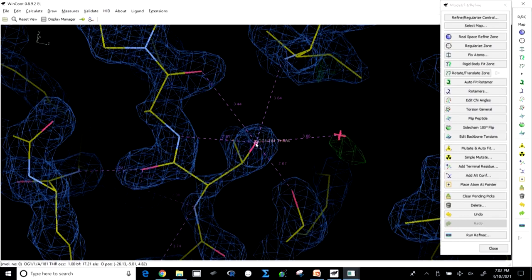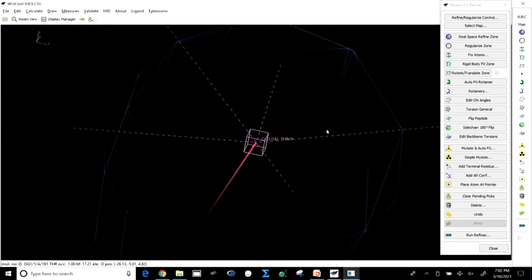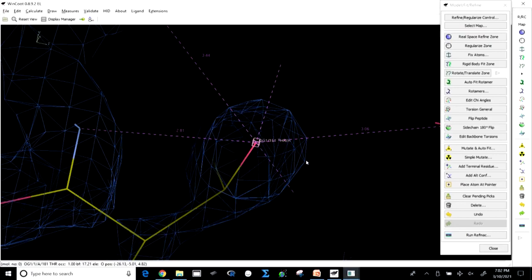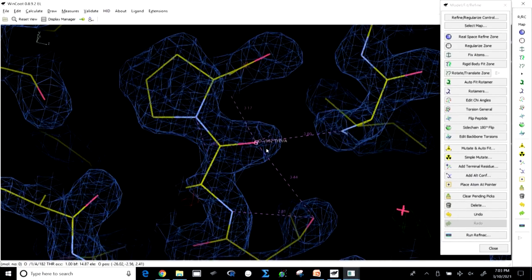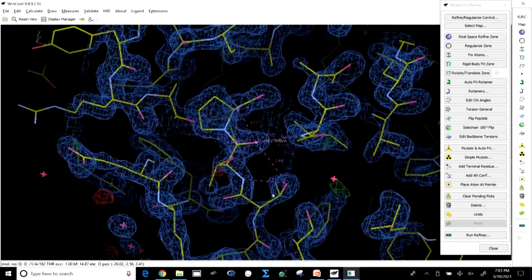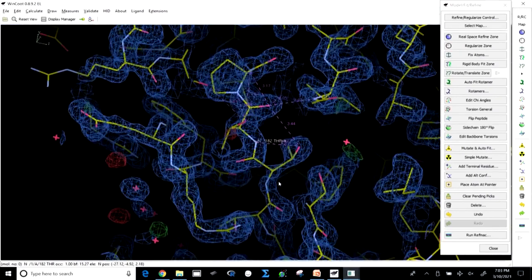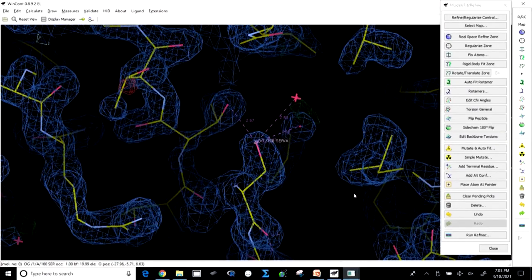The oxygen of threonine 181 has a 3 angstrom interaction with a water molecule, and a 3.4 angstrom interaction with the next threonine and with the backbone nitrogen of the threonine. All of this you could have understood in that way.